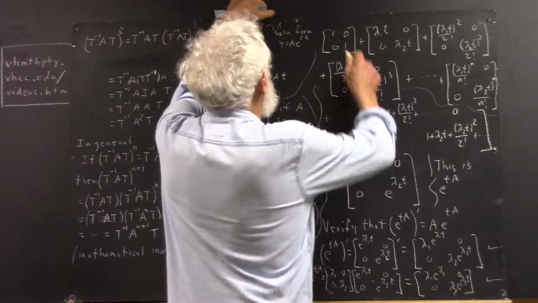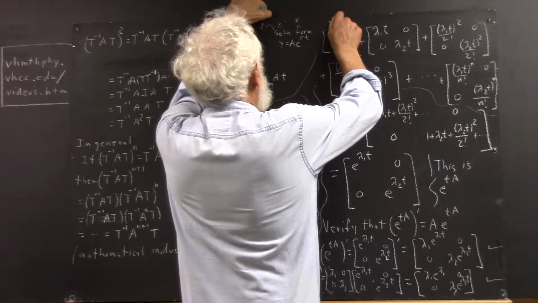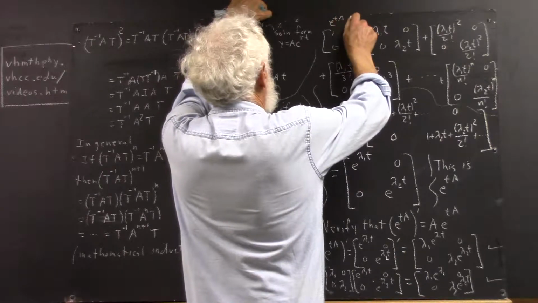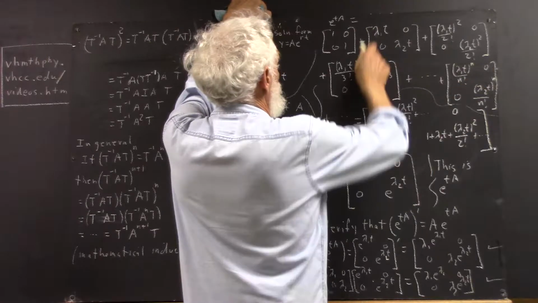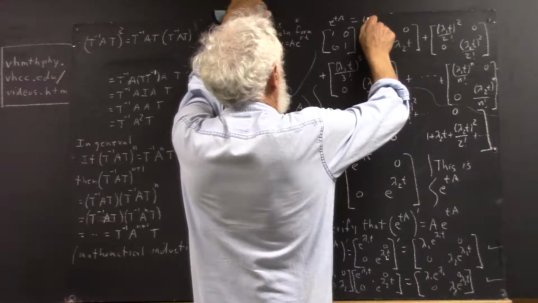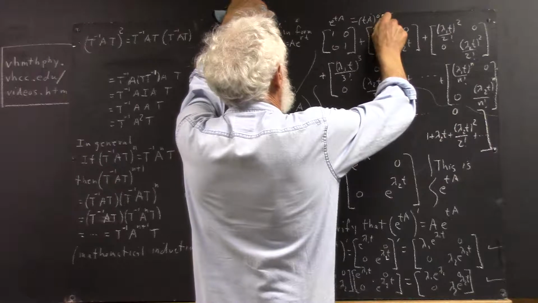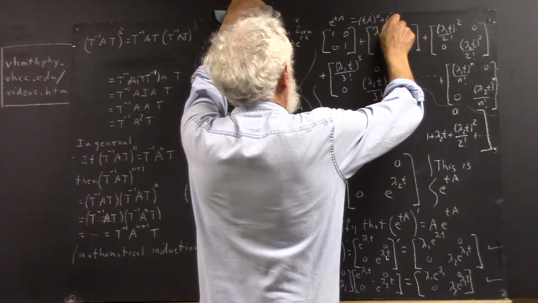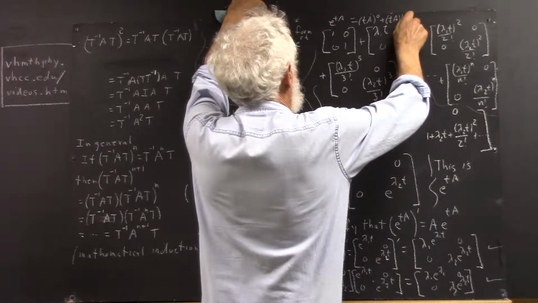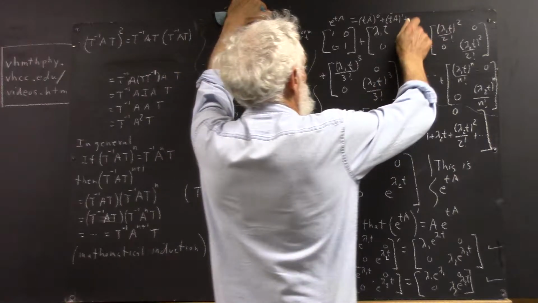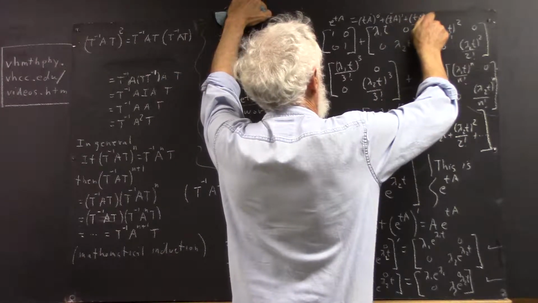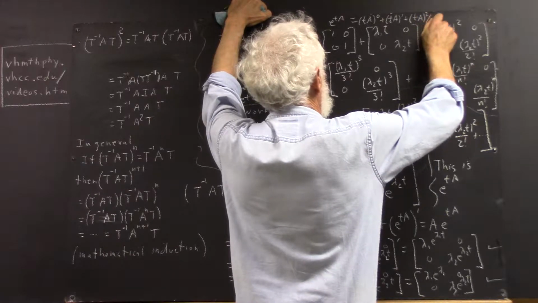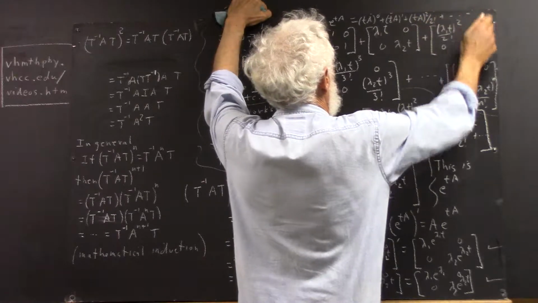So, we want to say e to the tA equals all this. Okay, it's tA to the 0 plus tA to the 1 plus tA squared over 2 factorial and so forth.